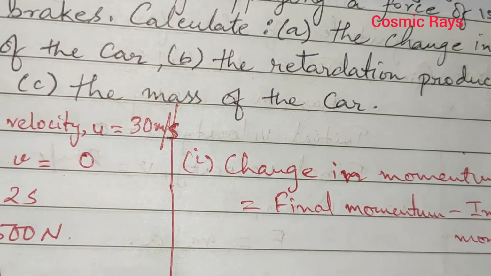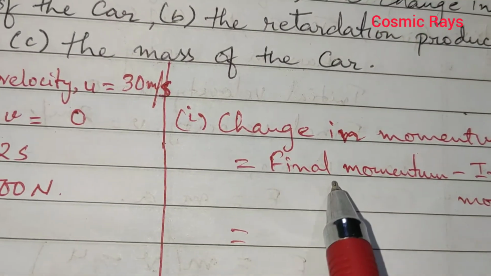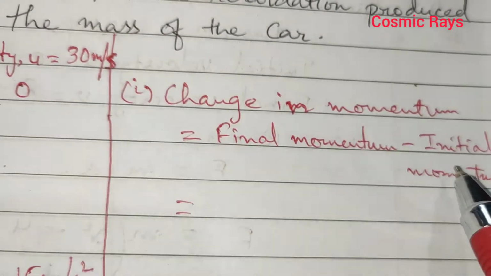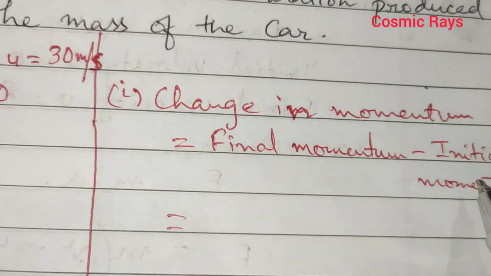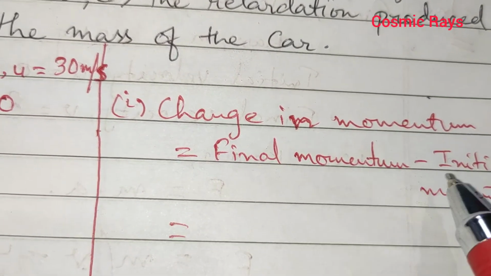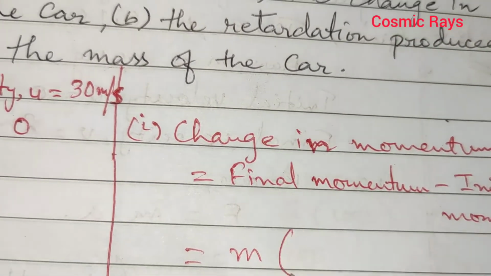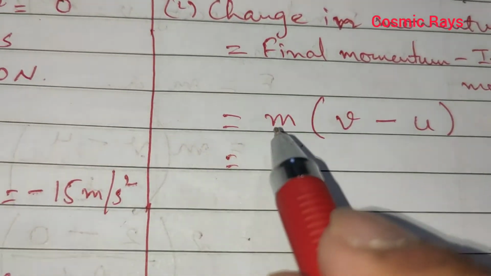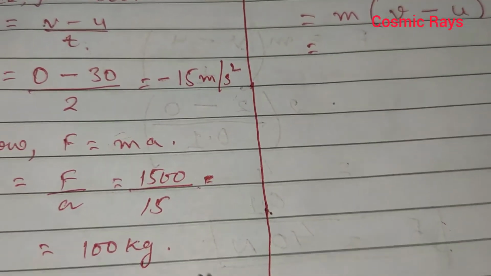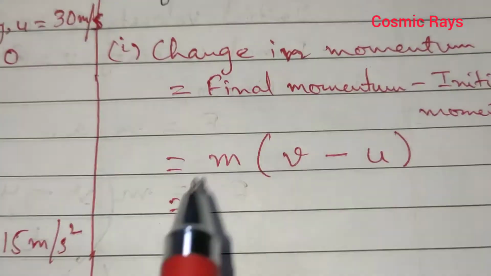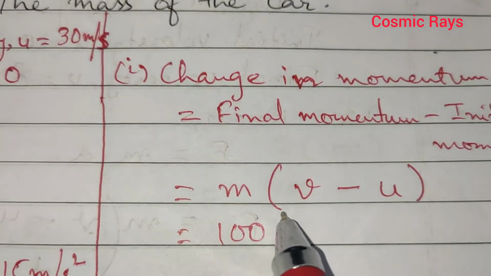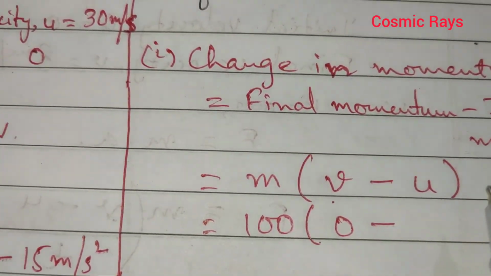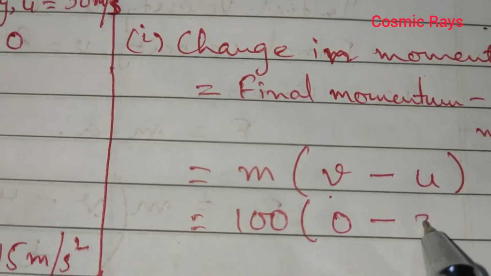We know the formula for final momentum: it's mass multiplied by final velocity, and for initial it is mass multiplied by initial velocity. From these two we can take mass common, and we will have the final velocity minus the initial velocity. We have calculated mass here, it comes out to be 100 kg. So instead of mass I am going to write 100, and final velocity is 0 minus initial velocity is 30.